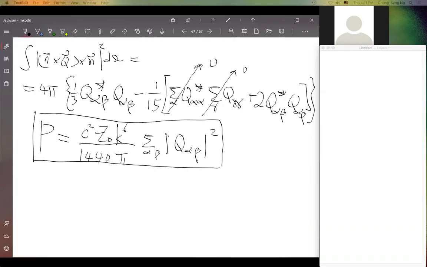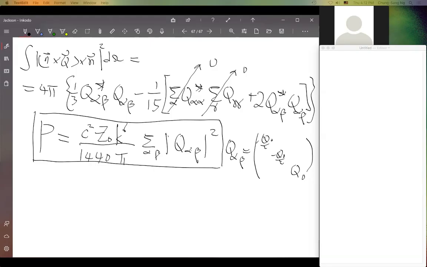Now we can consider this Q alpha beta using a special geometry that is traceless. So we can assume that the 33 component is just a constant Q0, and the other 2 are identical to minus Q0 over 2. So both Q11 and Q22 are minus Q0 over 2.